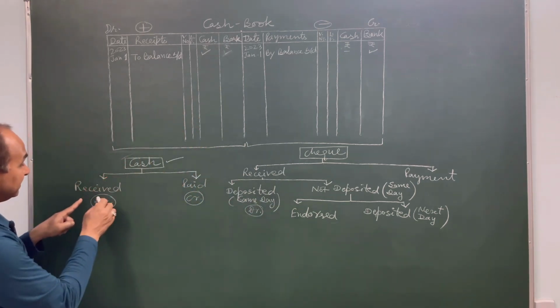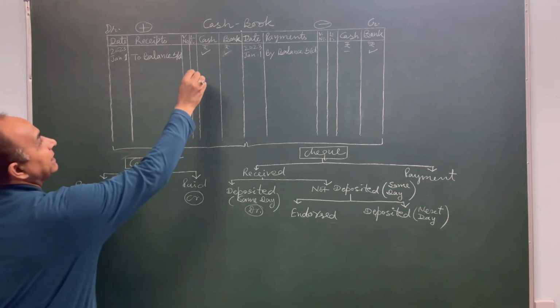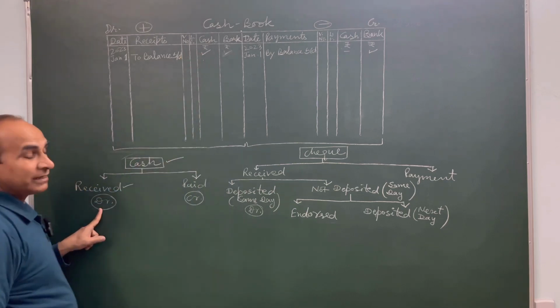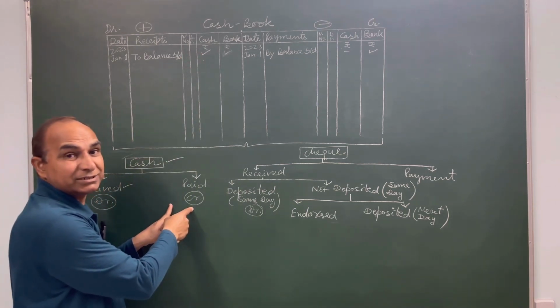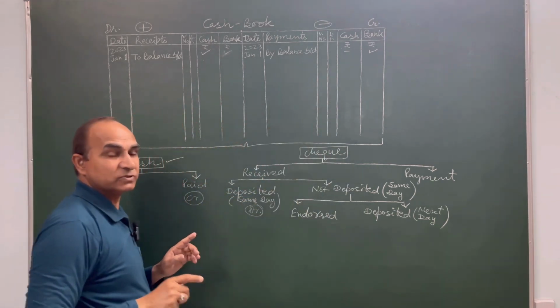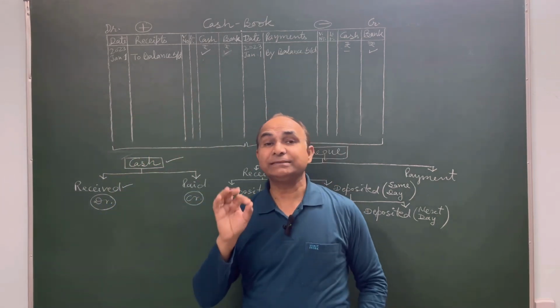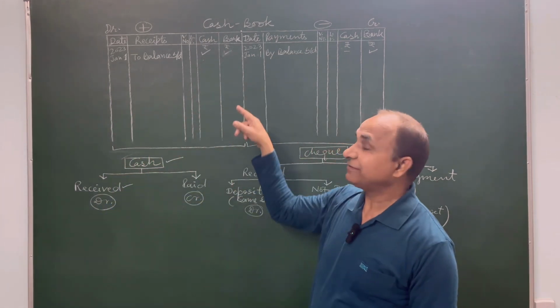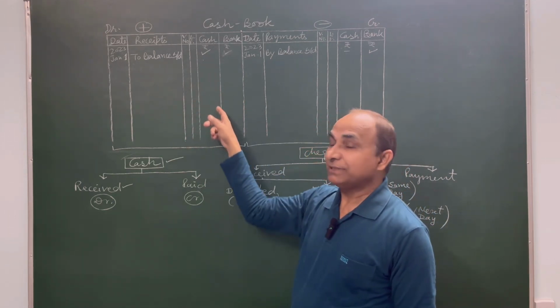If we received the amount by cash, that is recorded on the debit side in the cash column. Remember this. If we made a payment by cash, it means we paid in cash, that is recorded on the credit side in the cash column. So one thing is clear: if the transaction is taking place in cash, only the cash column is affected. If the cash is coming in, that is recorded on the debit side.